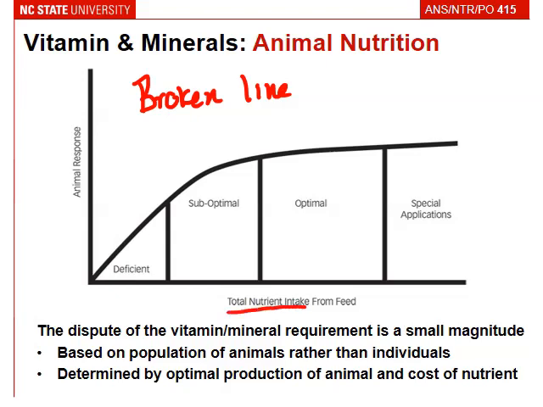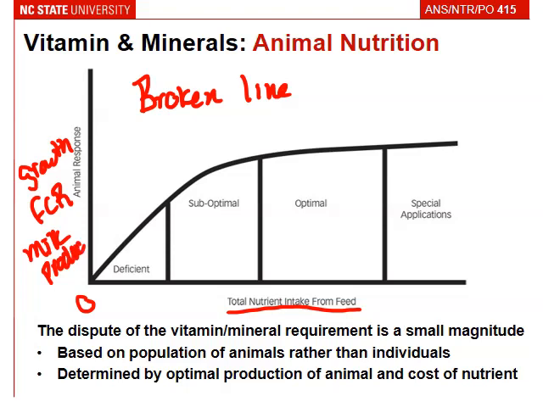This is the total amount of the nutrient, going from 0 to whatever percentage, and then our animal response, typically some production parameter such as growth, feed conversion ratio, or milk production.